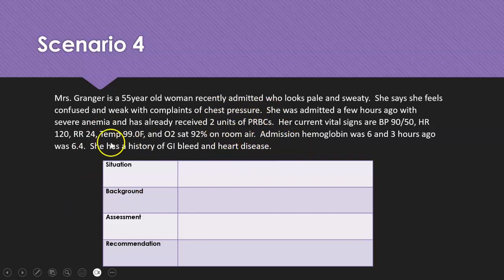All of that kind of stuff is significant, and her history as well. So pause the tape, you guys, and work on your SBAR, and then come back and see if you did it correctly.